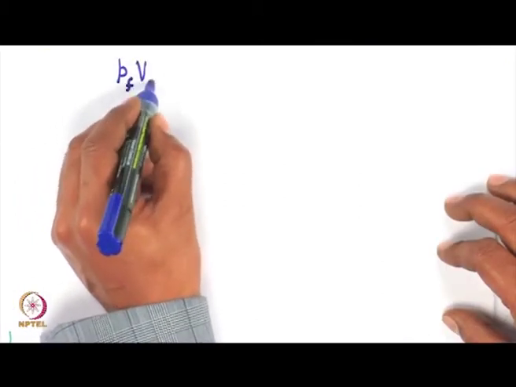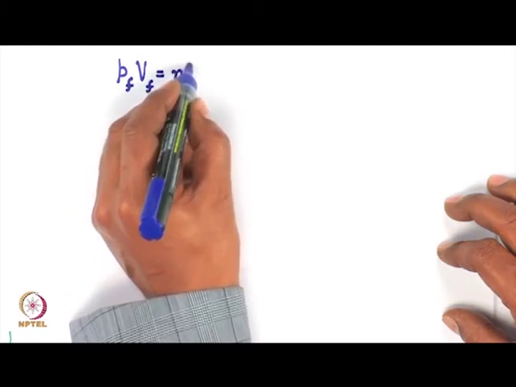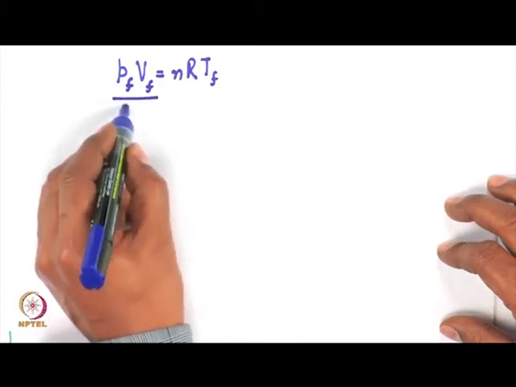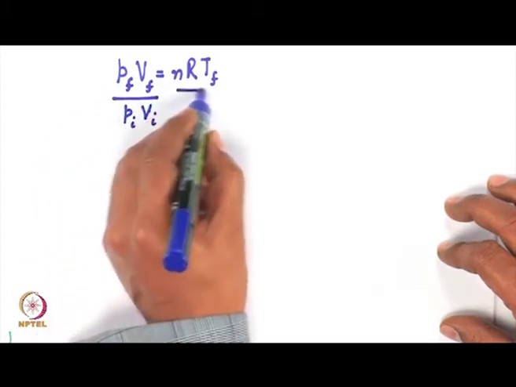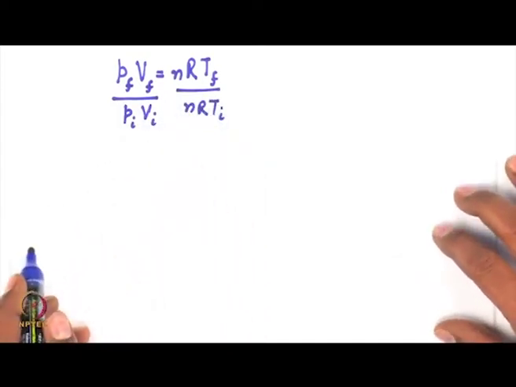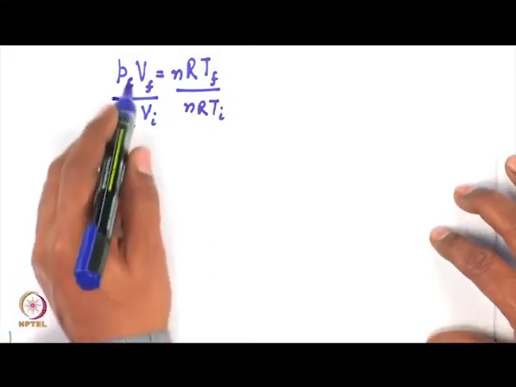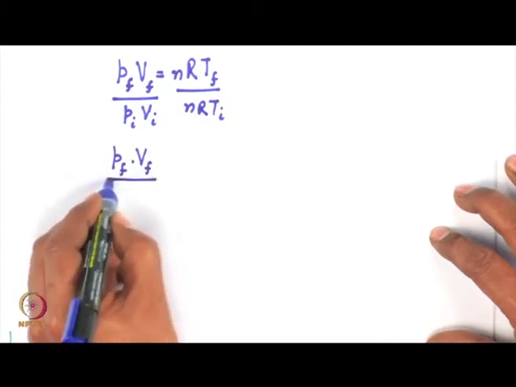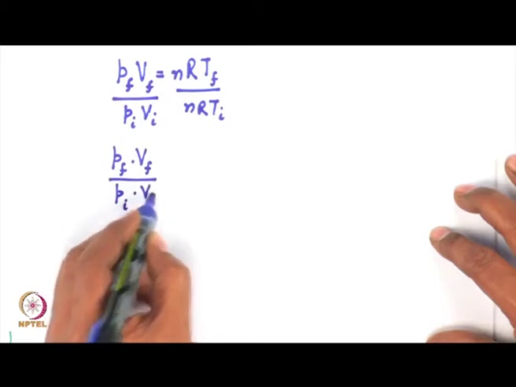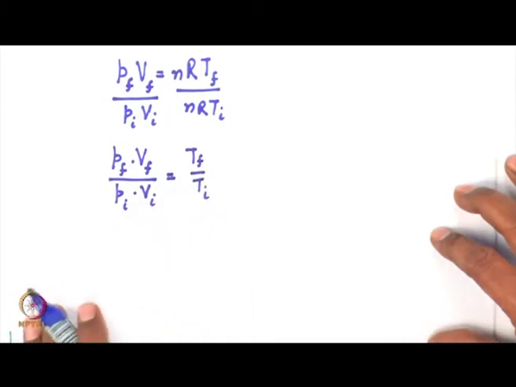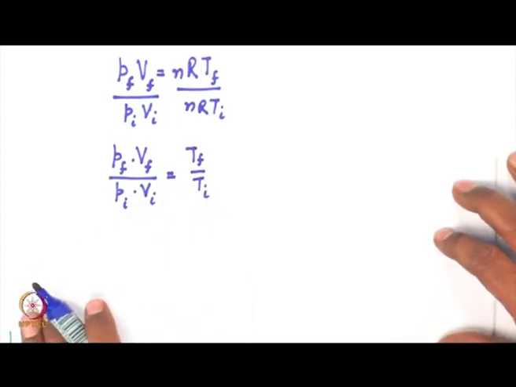Pf Vf is equal to nRTf, that will anyway be valid, and Pi Vi is equal to nRTi, that will be valid. So, from here I can write Pf Vf over Pi Vi is equal to Tf by Ti. Okay.